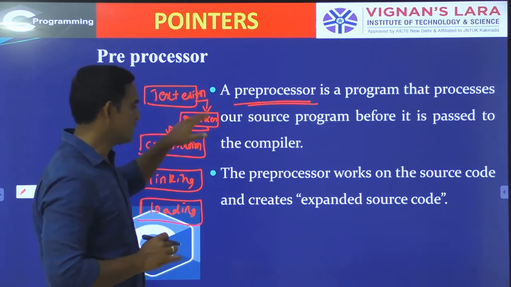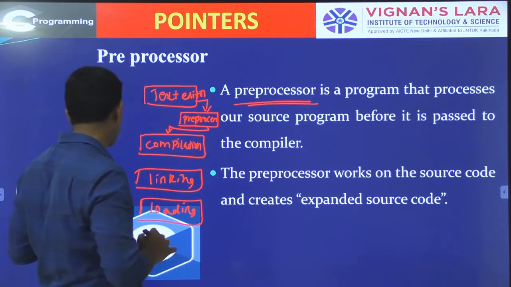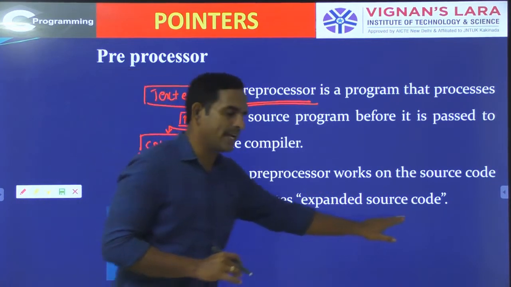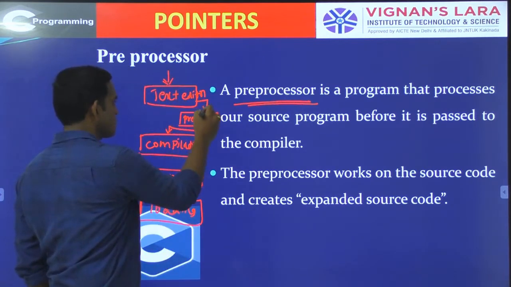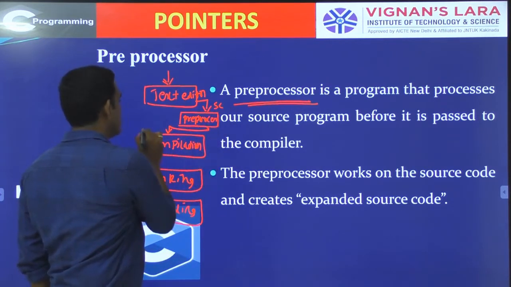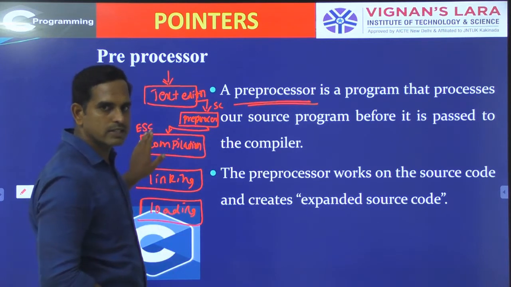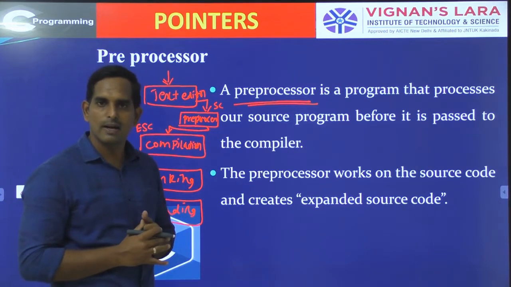So the preprocessor will exist between your text editing and your compilation part. The preprocessor works on the source code and creates an expanded source code. So the input is a source code, and the preprocessor provides the expanded source code which is presented to the compiler for compilation.